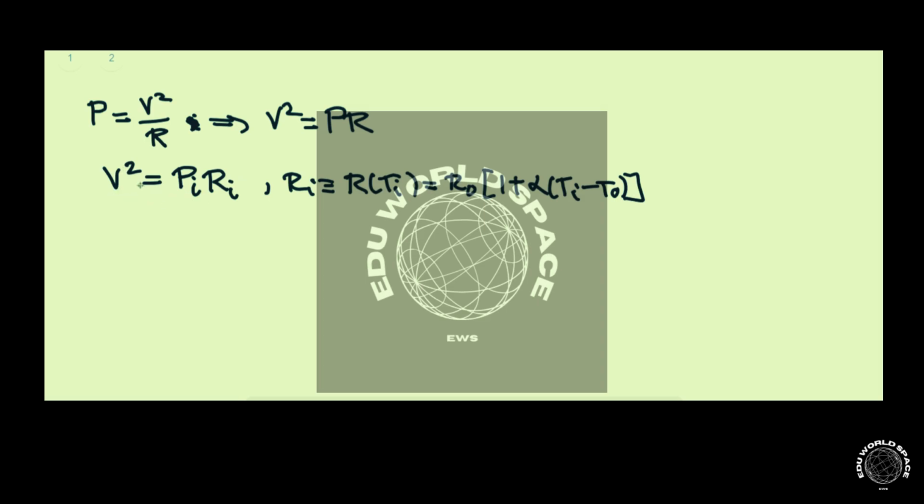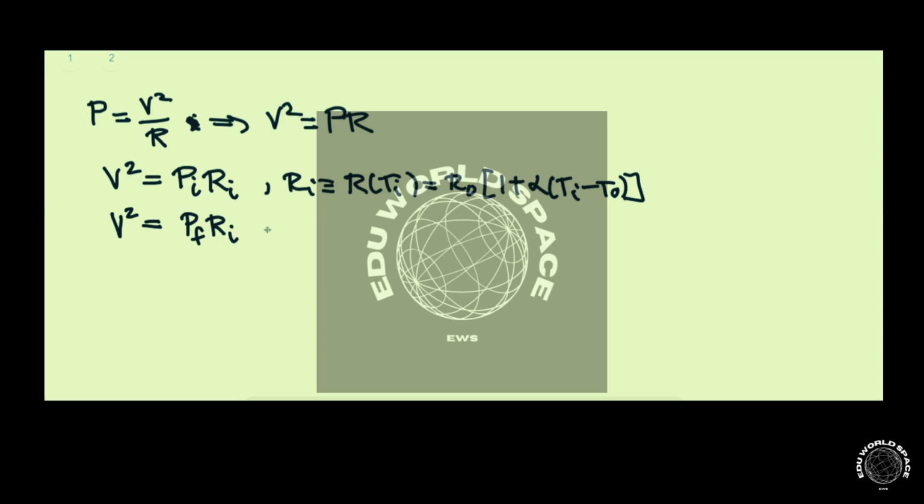But we don't know V, but we're given Pi, and we're given the temperature Ti, and we also don't know R0, but we're going to solve this in such a way that we don't need to find R0 or V. But since the potential difference is applied by the battery and it has no internal resistance and so on, the potential difference again is applied in the case where the temperature is different, is the same, right?